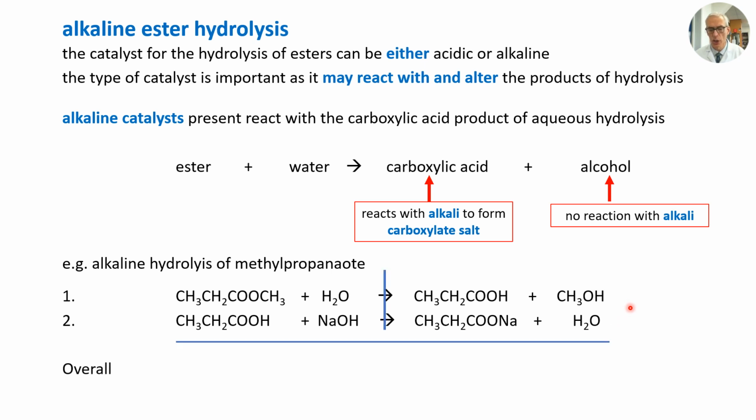So how do we construct that into an overall equation? Well, of course, we draw a line down the middle, and we cross off those things that are present left and right. So water is present on the left and on the right, so that's no overall change in the amount of water. We have propanoic acid on the left and propanoic acid on the right.